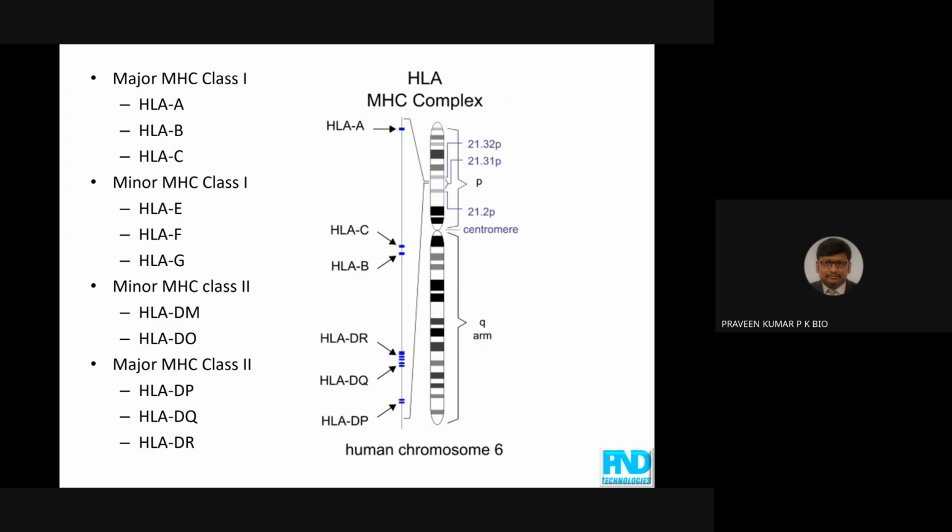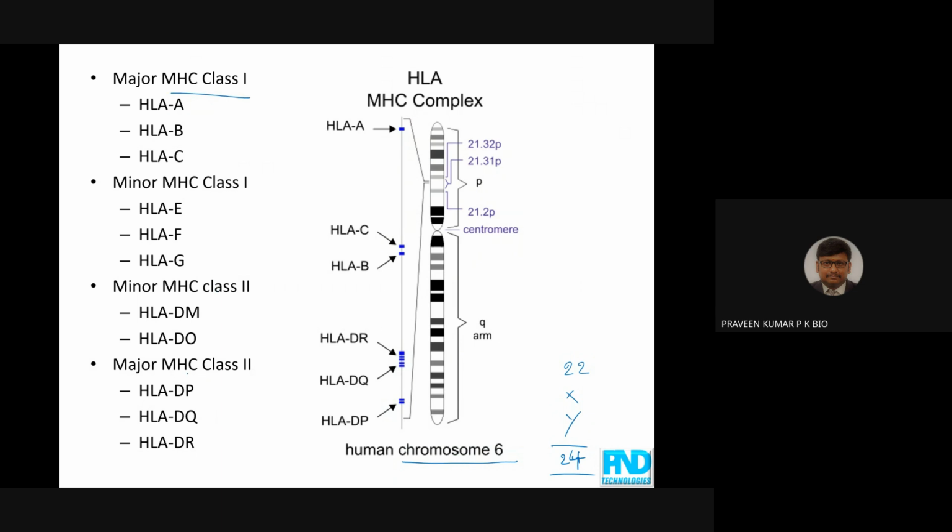HLA MHC complex. The HLA genes, I told you, vary from person to person, including born twins. These HLA genes are generally present on chromosome 6. We have 22 autosomes, plus X and Y, totally 24, which comprise the genome. Only chromosome 6 has all these genes, both MHC1 as well as MHC2.